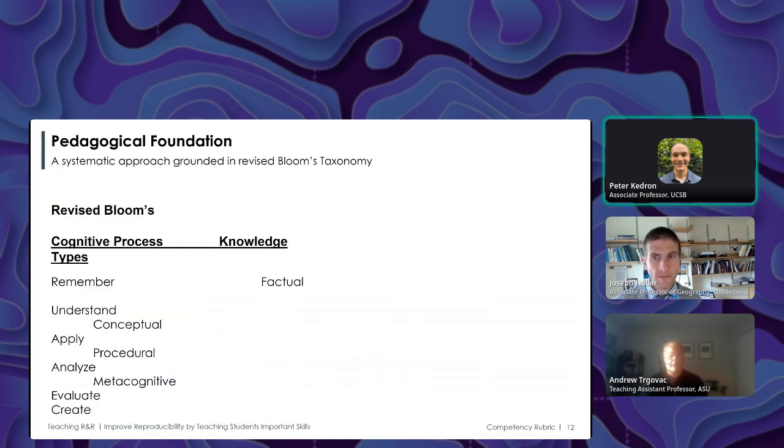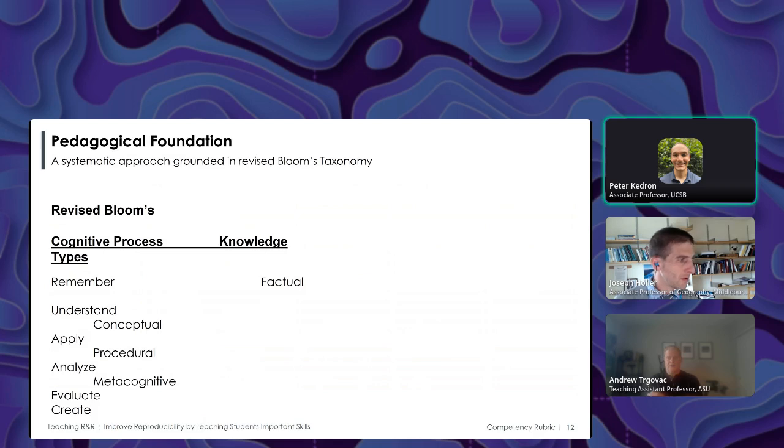And then the other idea here is to match those different skills to a pedagogical model. And so we've used the classic Bloom's taxonomy, which got a little bit jumbled here. But essentially, Bloom's taxonomy has 2 different components. So you've got your cognitive processes, which are remembering, understanding, applying, analyzing, evaluating, and creating.